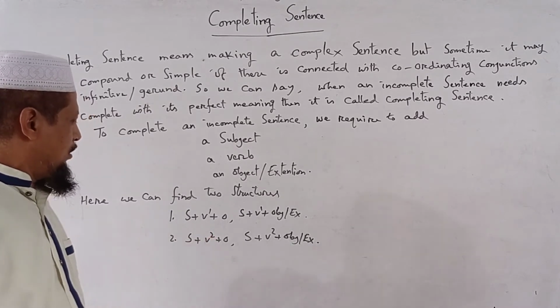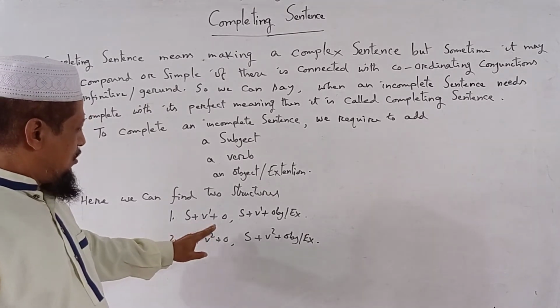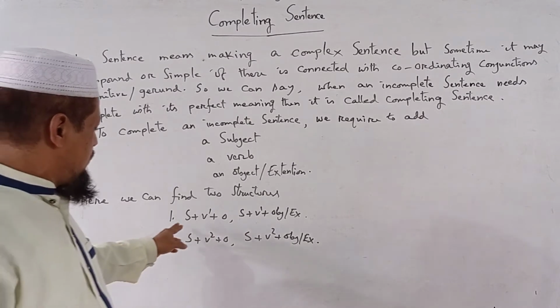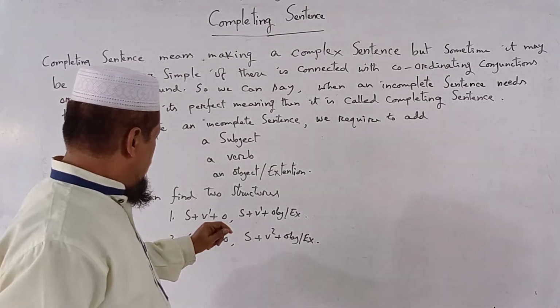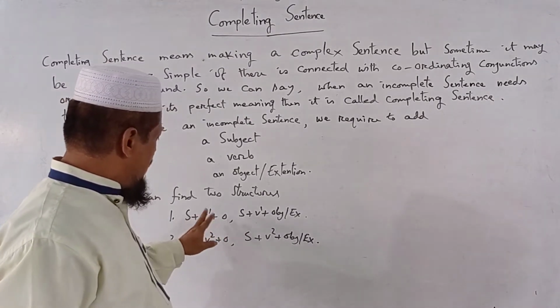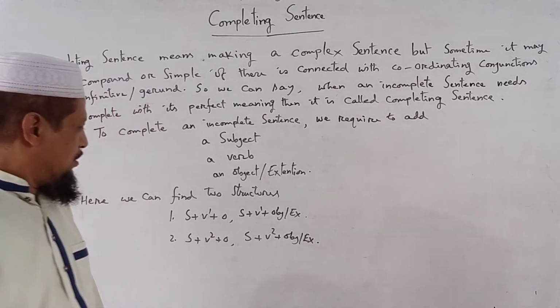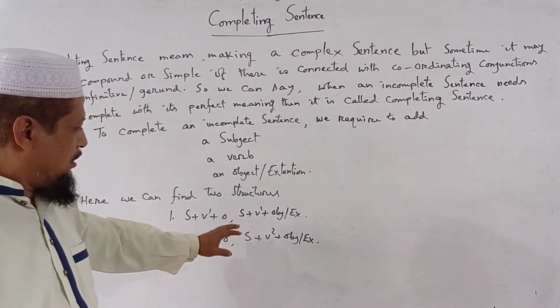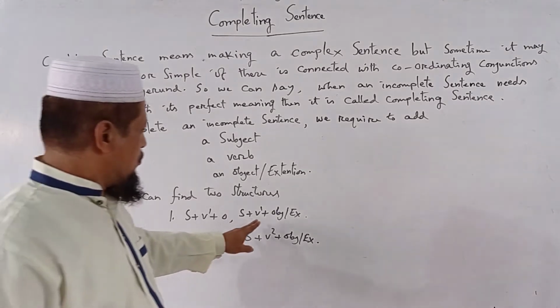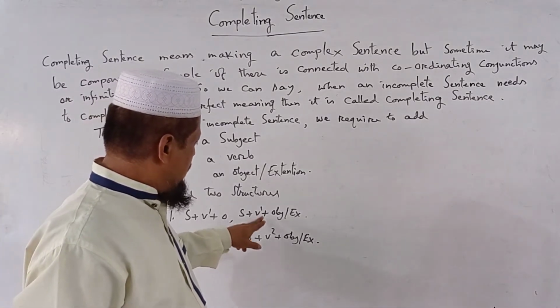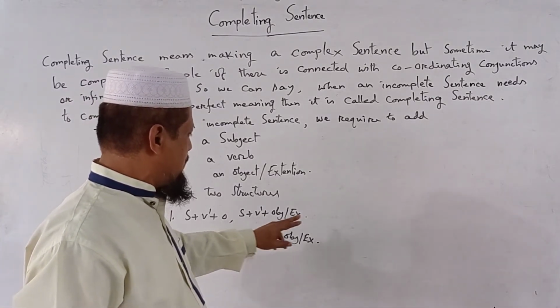If the first clause or dependent clause is subject plus verb simple present plus object, then the other clause will be subject plus simple form of verb plus object plus extension.